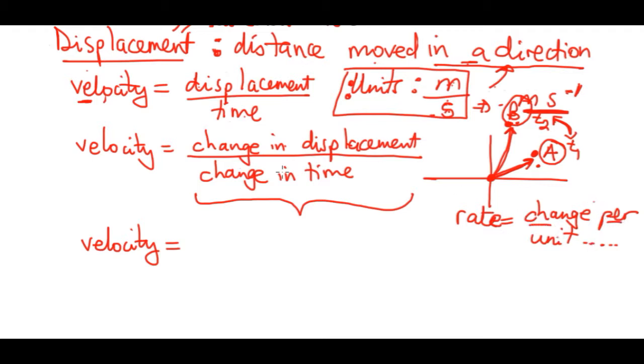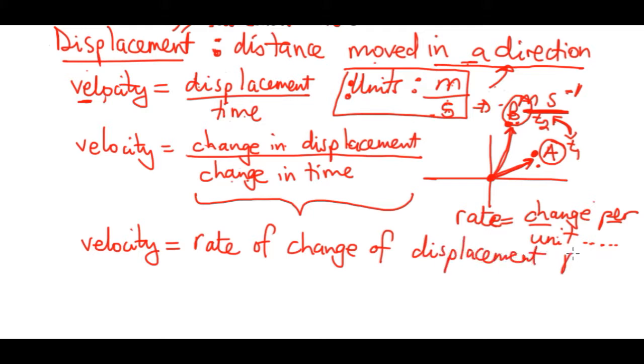Here can you see we're saying change in displacement per unit time, per change in time. This division means per change in time. So our change in displacement over change in time is just going to be equal to the rate of change of displacement.